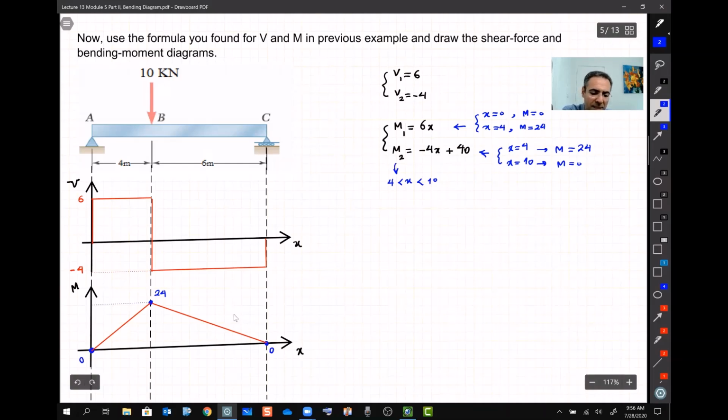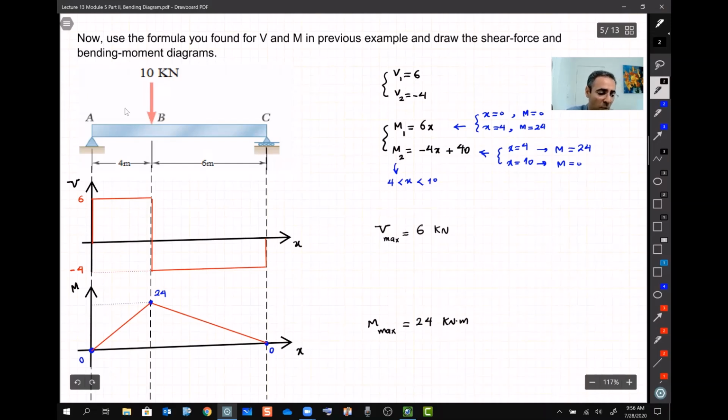And looking at this graph, now we can get to our third objective, which is finding the maximum. If somebody looks at this graph, the biggest number they can see is 6. So V max is then 6 kilonewton. And the top point on this graph is 24 kilonewton meter.